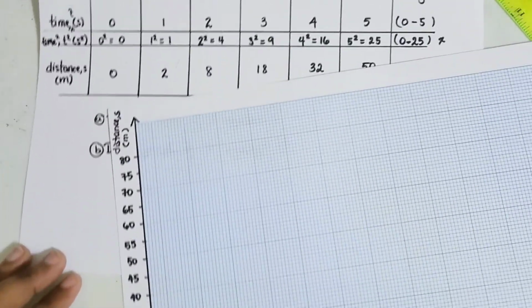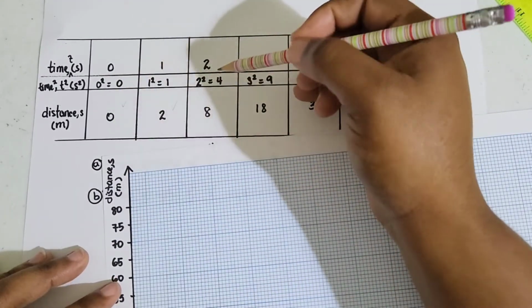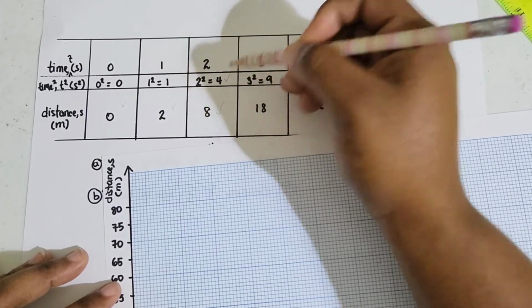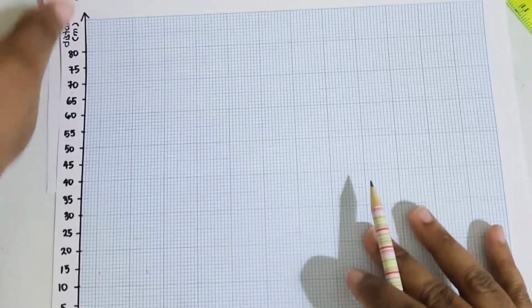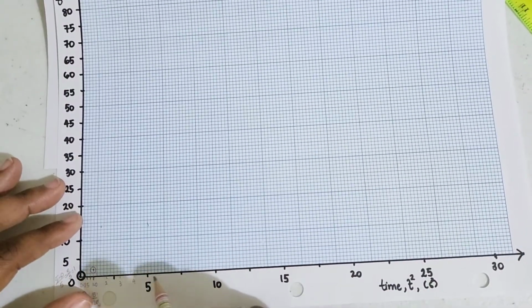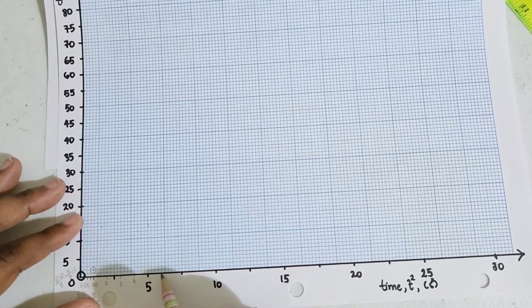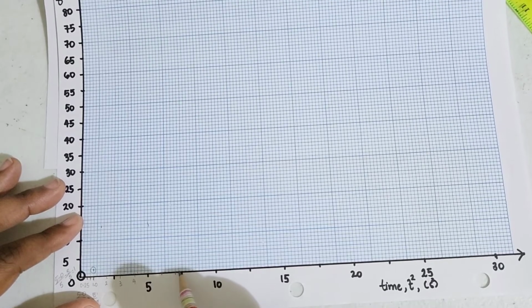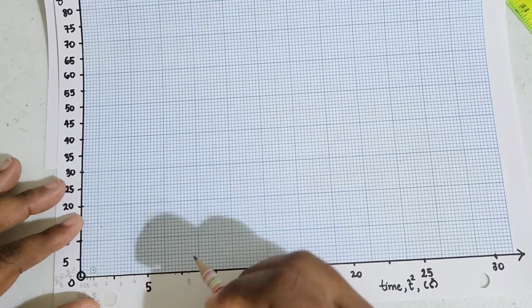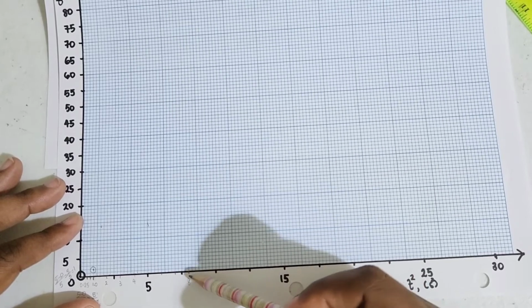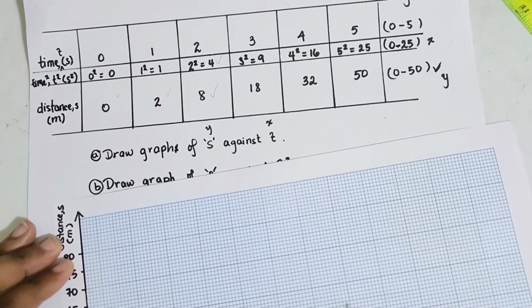And when the distance is 8, our time squared is 4. So you know this is 2, 3, 4, 6, 7, 8. So this is 8 right here. When the distance is 8, again, the time is 4.